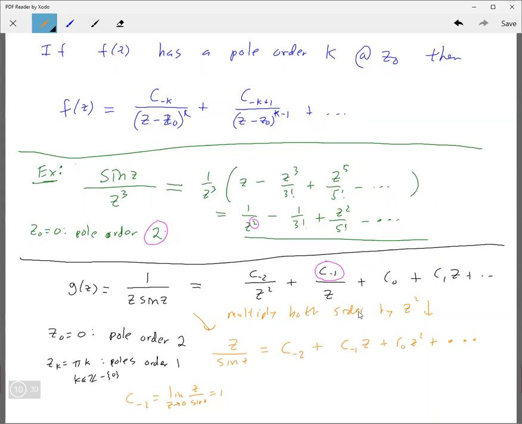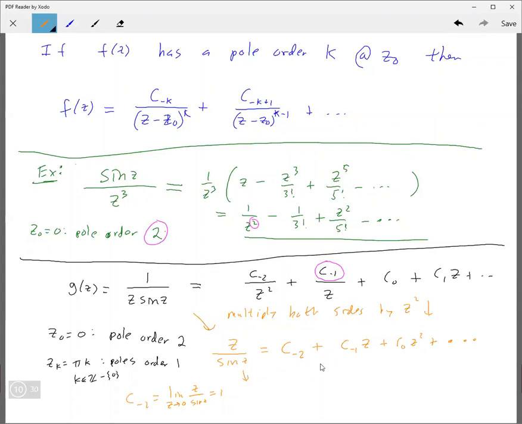And then how do you find c minus 1? Because this is really an important one. It really didn't matter, you're not going to ever have to find c negative 2. You don't need to find that one. But if you want to find c minus 1, what do you do?